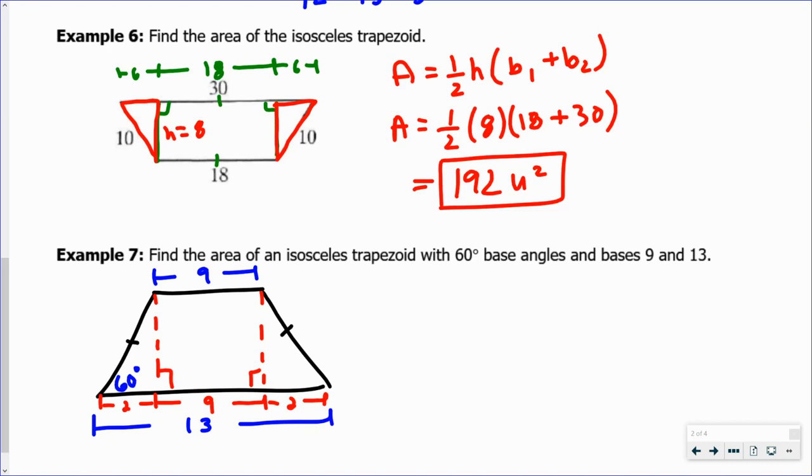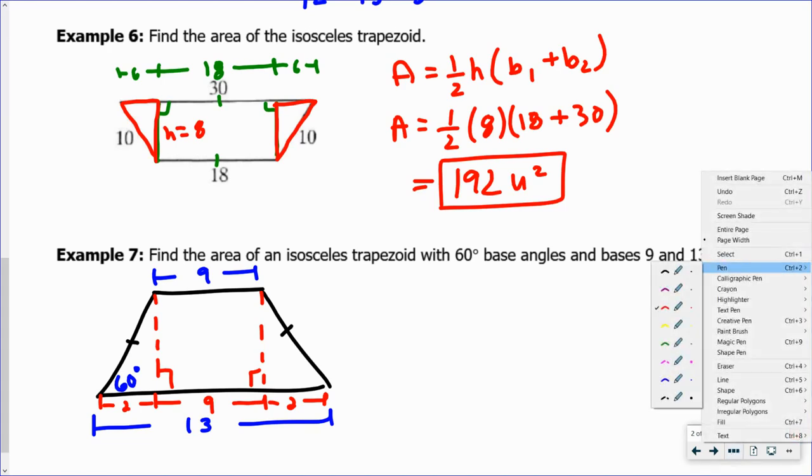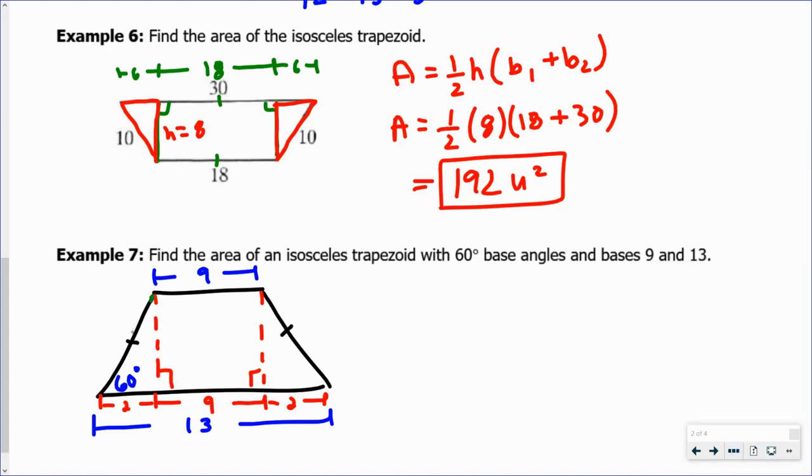Okay, so what we need is the height. So again, similar to a problem that we did before, that right triangle that I'm highlighting in green is a 30, 60, 90 triangle. And we know that 2 is the short leg because it's opposite the 30-degree angle, which means that to get this height, we need to find the long leg of that 30, 60, 90 triangle, which is going to be the square root of 3 times the length of the short leg, so 2 root 3.